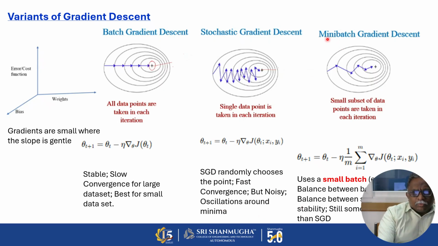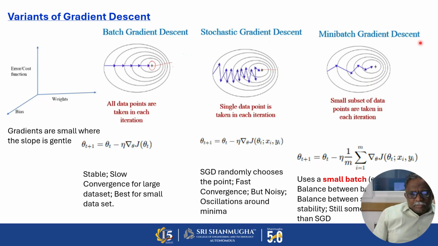So instead of considering a single point or the whole batch, we can consider a small batch, which will have the advantages of both methods. In mini batch, we use 32, 64 points in each batch for the mini batch gradient descent.